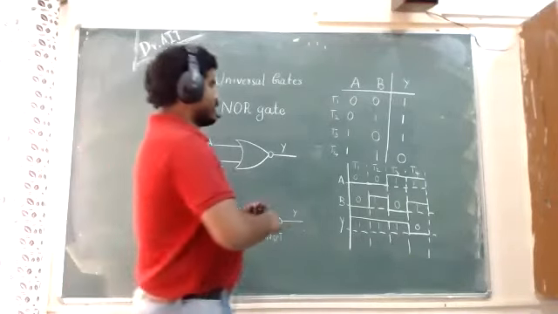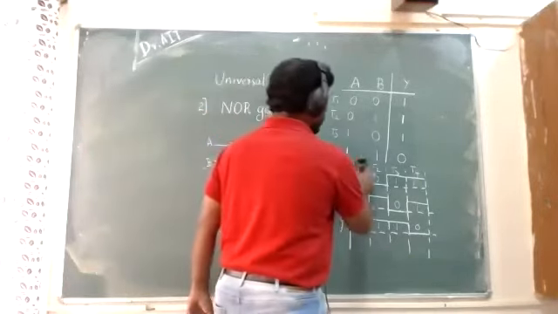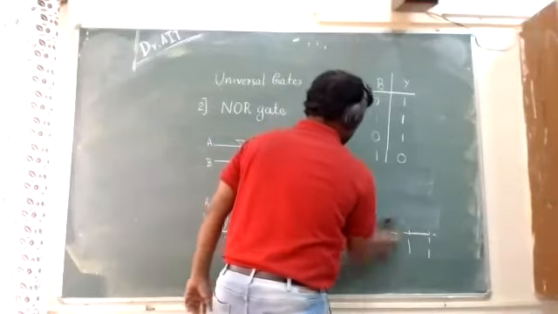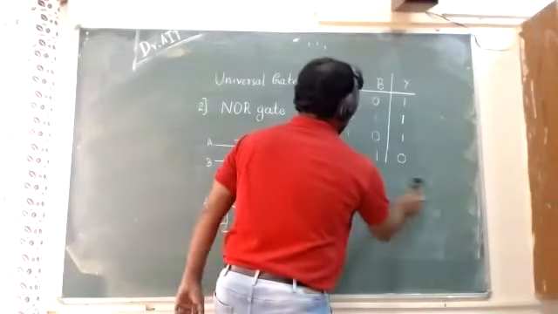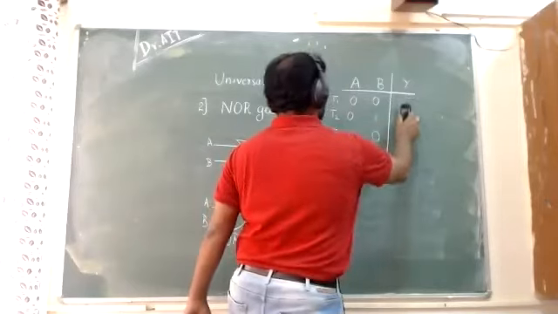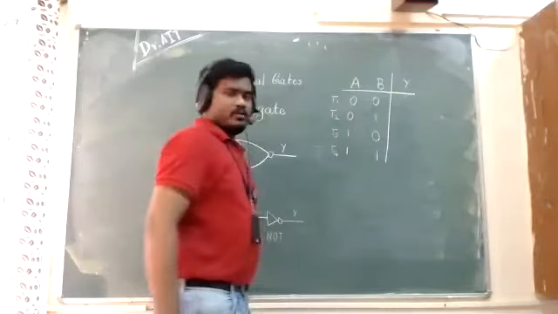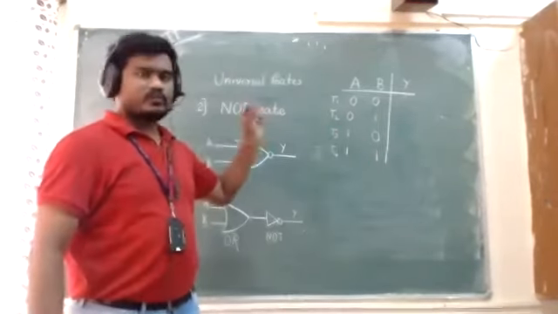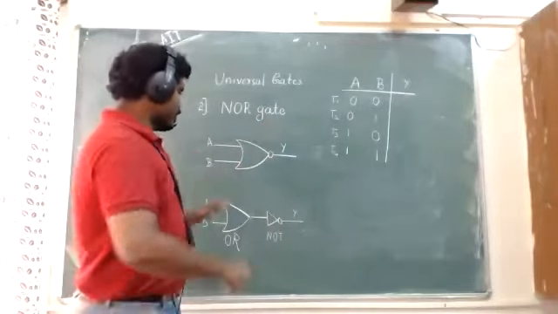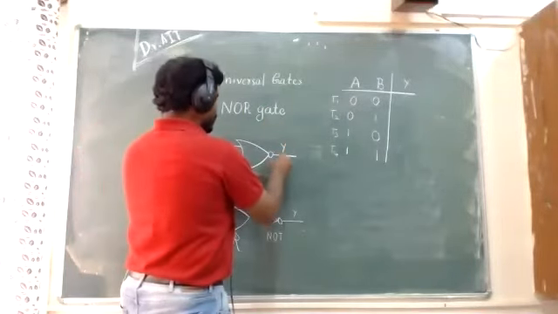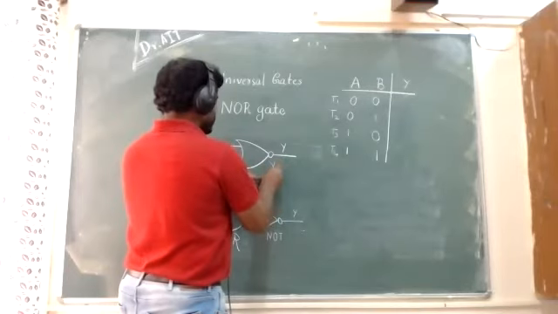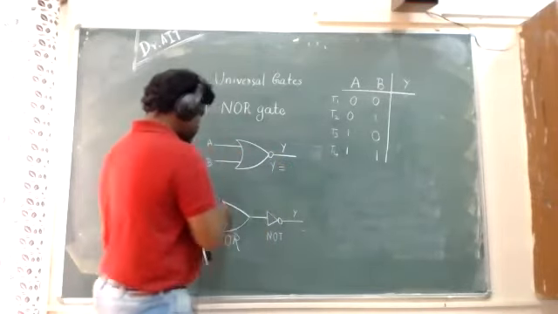Okay, now I can easily draw the truth table. Now the truth table is analyzed in this form. First we will discuss what is the output of the OR gate. Now here the expression for this NOR gate is Y equal to, see what is the expression for the OR gate?